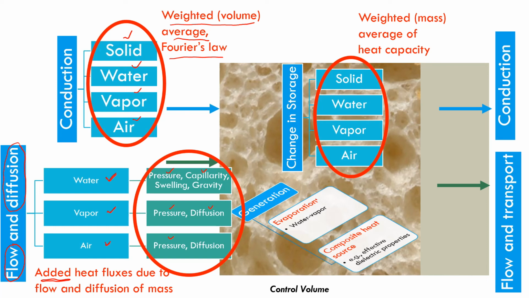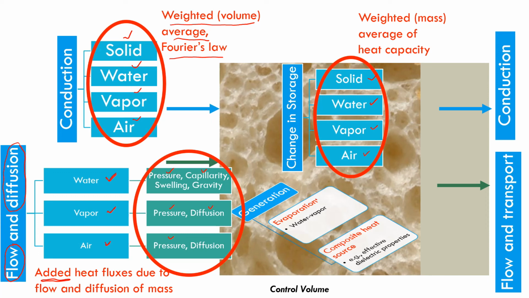So because of the conduction and heat carried by flow and diffusion, because of generation terms, there's going to be change in storage, and that change in storage happens in solid, in water, in vapor, in air.